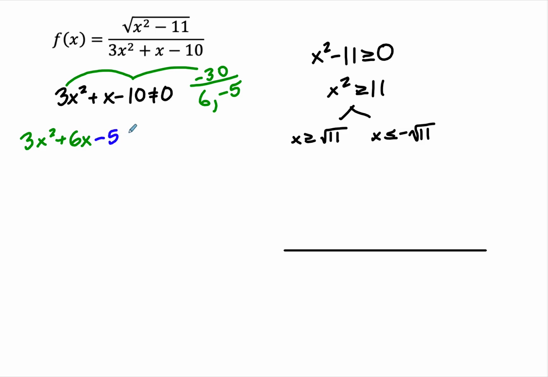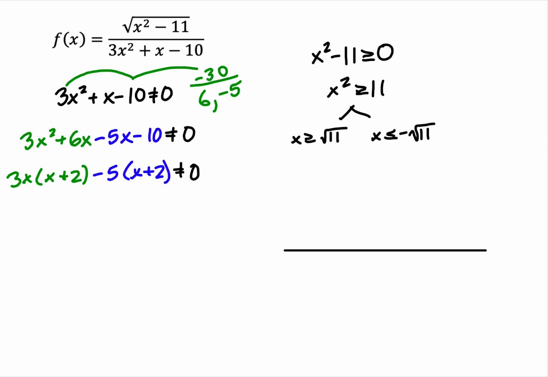I'm going to put this in a different color because we're going to do this as factoring by grouping. Cannot be equal to 0. So then we'll say 3x times x plus 2. We're factoring out 3x from these two terms, and then we're going to factor out negative 5 from these last two. So that cannot be equal to 0.